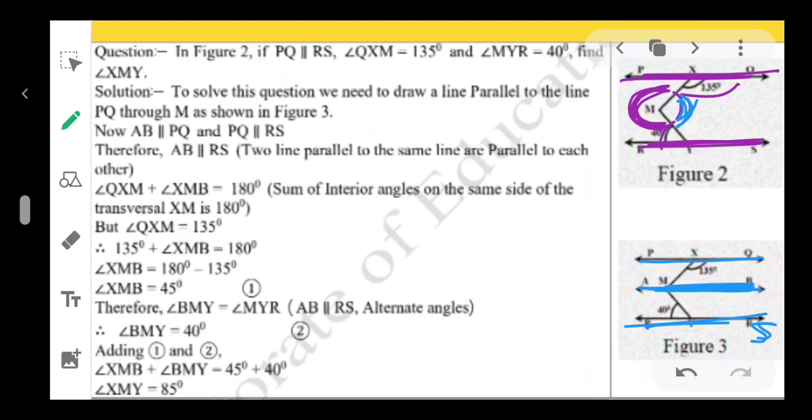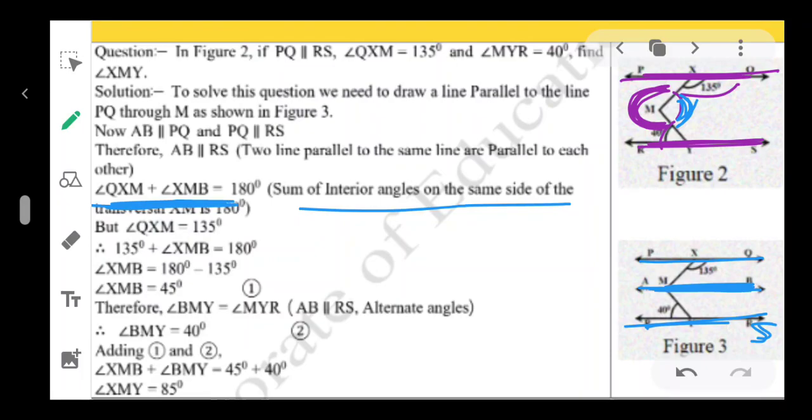Now parallel lines में this QXM and XMB, this is equal to 180. Why? Sum of interior angles on the same side. Parallel lines की एक property है, sum of interior angles of same side is always equal to 180 degrees.